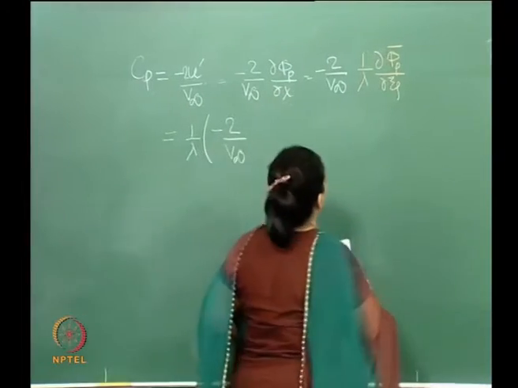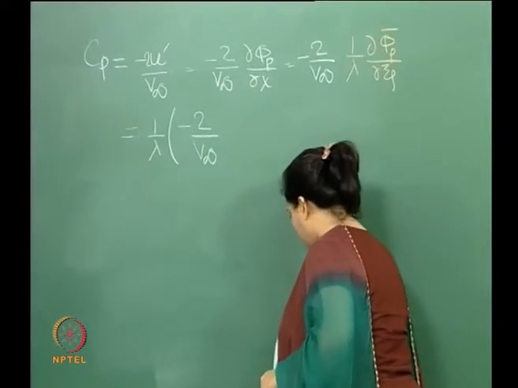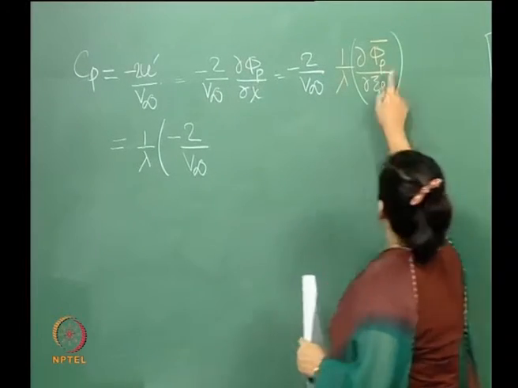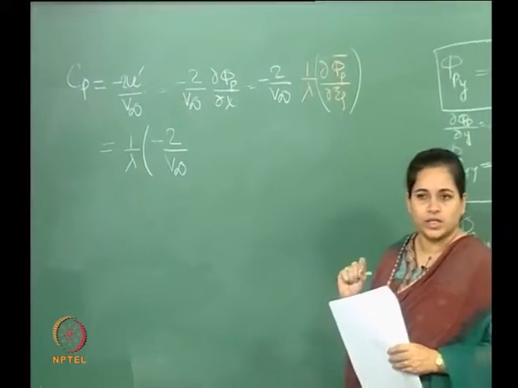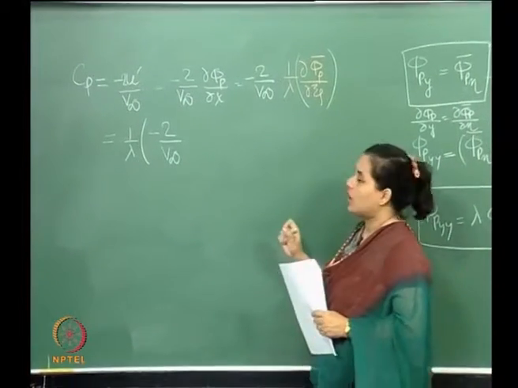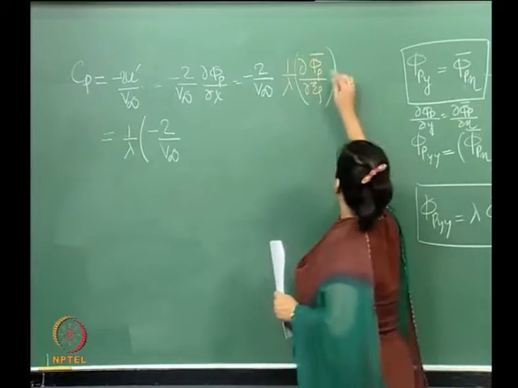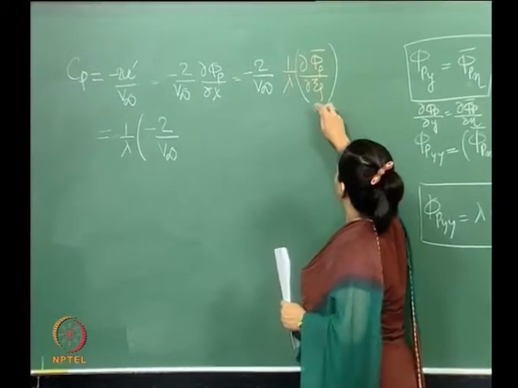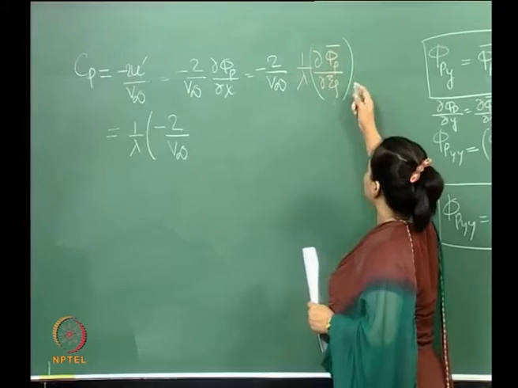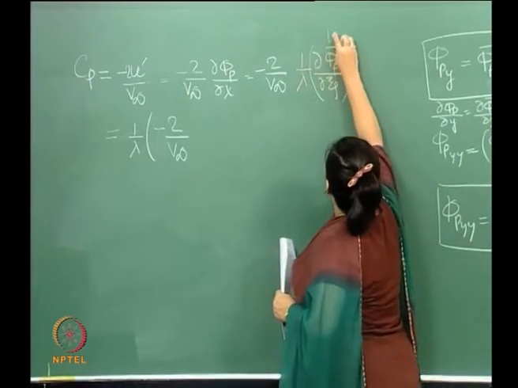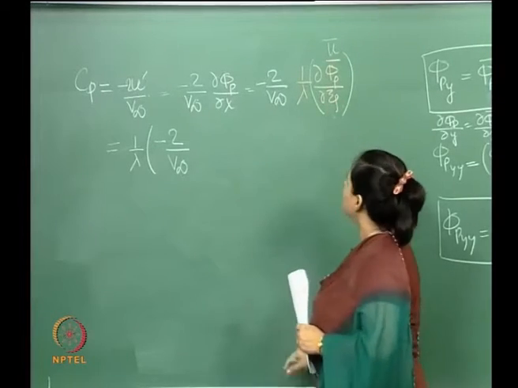Okay. So, if you look at this, let us take del phi p del z. This term I can write as basically the u component of the perturbation potential, this is basically the z component of the perturbation potential. So, I can write this as u bar.